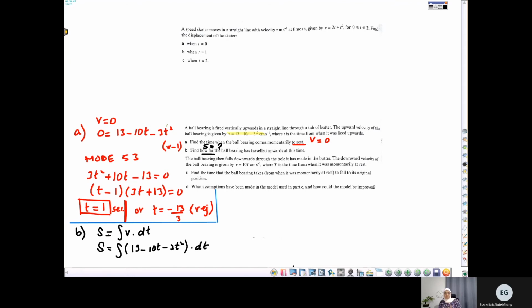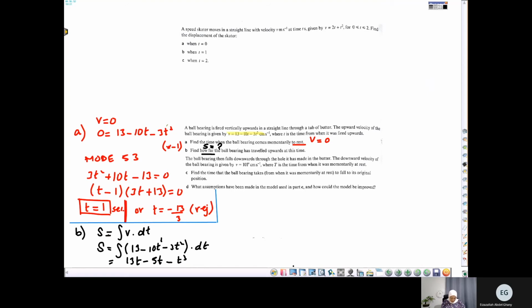Remember that when we equate it to 0, we can multiply both sides by -1 and change the signs of everything in order to factorize, because it was an equation. But you're not allowed to change it in the integration, of course. You take the original expression he gave you up in the question. So now you integrate 13, it will be 13t. Here is power 1, increase the power by 1, divide by the new power, so it will be 10t squared divided by 2, which is 5t squared, minus 3t cubed over 3, just t cubed.